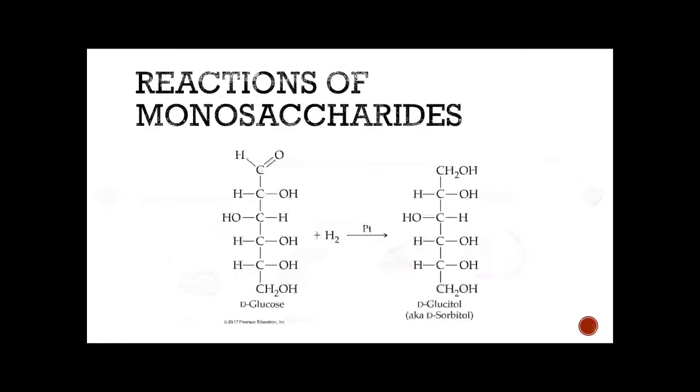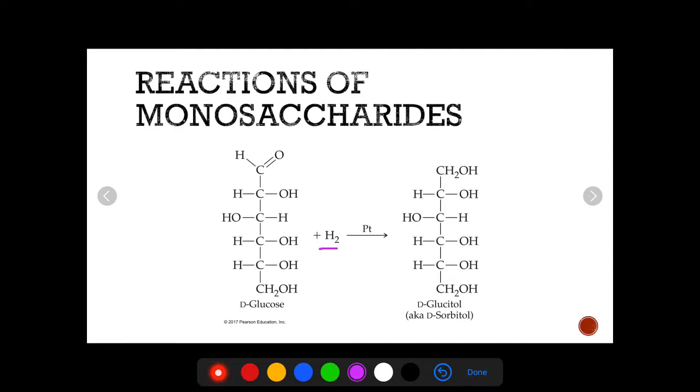Okay, so here's an example of that. So here we have hydrogen. We have our catalyst here. So this is glucose, but when I react it with hydrogen in the presence of the catalyst, then my aldehyde here goes away. So basically I'm adding 2 hydrogens.